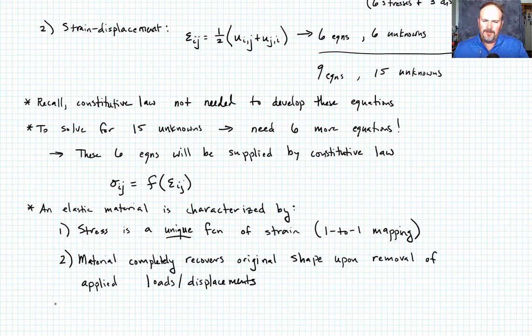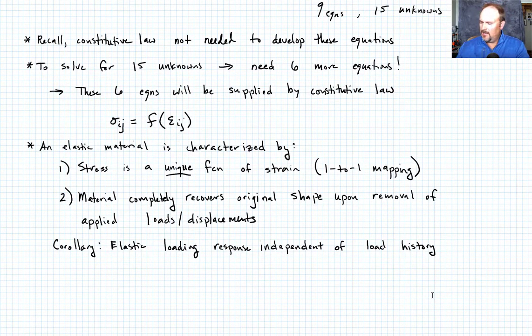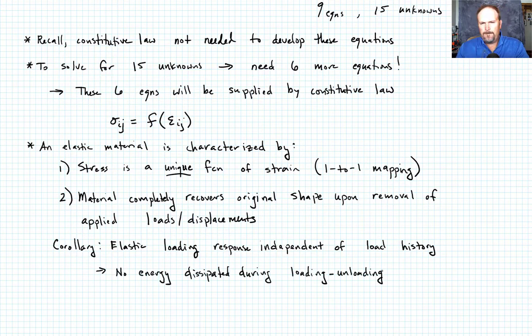The corollary to all of this are these features. A corollary is that the elastic loading response is independent of the load history. So it's sufficient just to say what the strain is, and we'll be able to read what the stress is. It doesn't matter what happened to the strain previously. The other corollary is that when we have a load-unload cycle in an elastic material, we don't dissipate any energy.